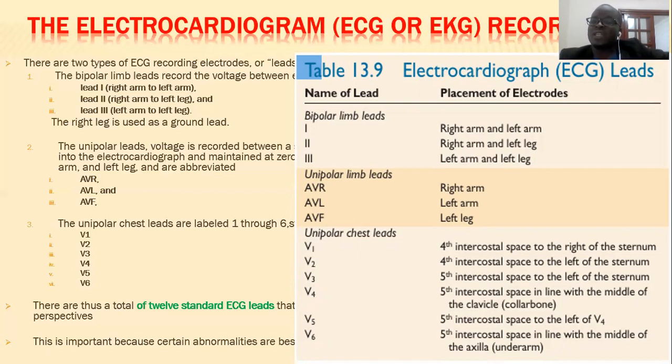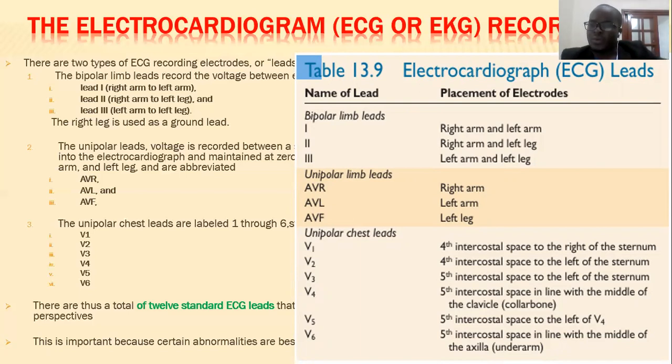Then for V4, you have your clavicular bone, or the collarbone. Midway, you go all the way down until you are in the fifth intercostal space on the left side of the body.